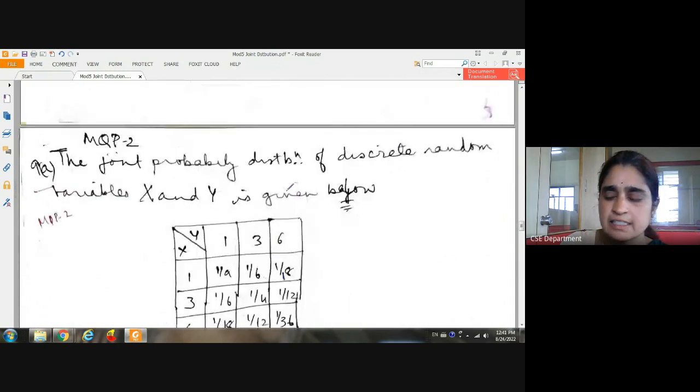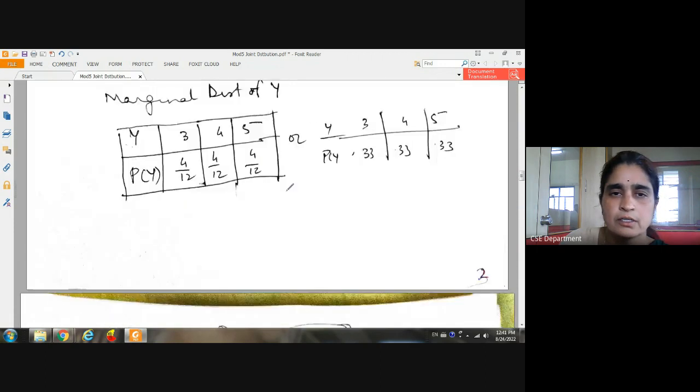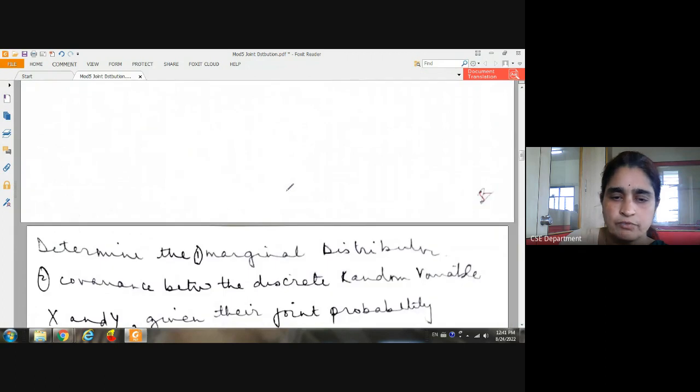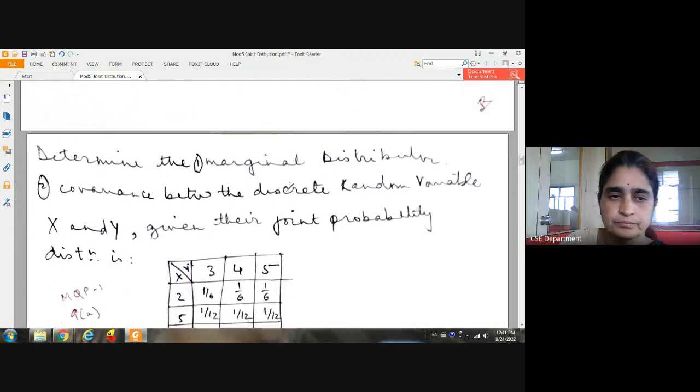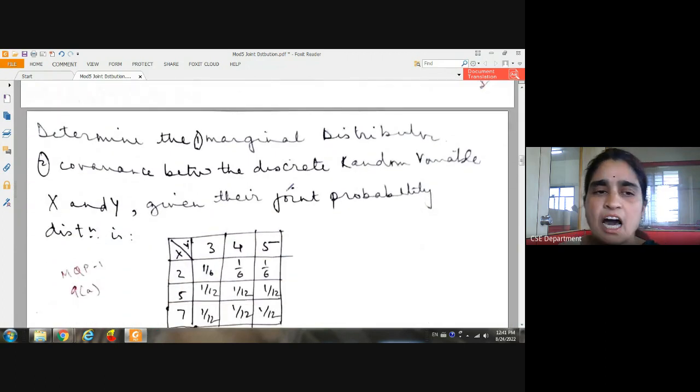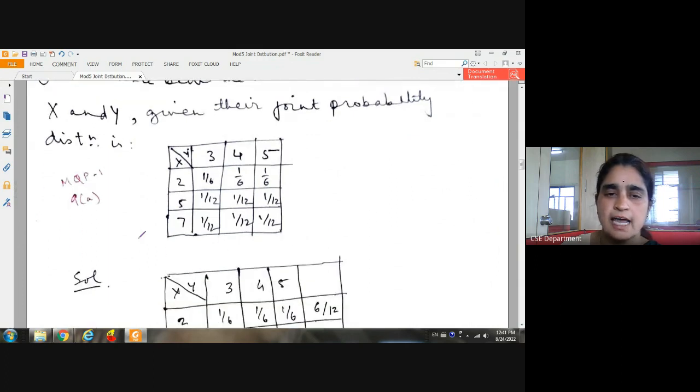Now let us quickly start off with solving problems itself. So take this first example. Determine the marginal distribution, first part, and second, covariance between the discrete random variables x and y, given that the joint probability distribution is as below.